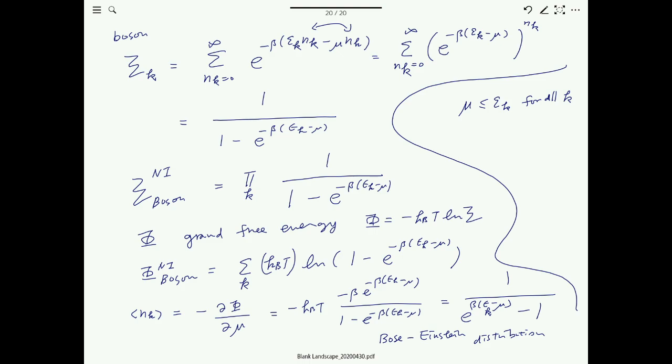That is a limiting case, and it is going to relate to the Bose-Einstein condensation.